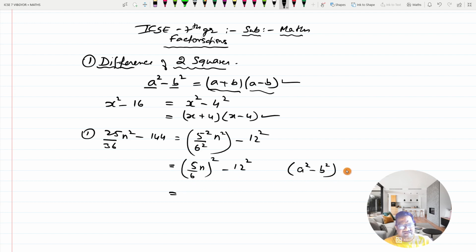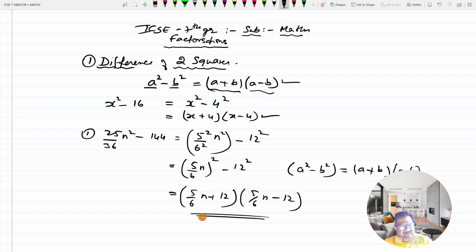If you want to factorize this, all you have to do is a plus b times a minus b. That's it. So here it will be 5 upon 6 n plus 12 into 5 upon 6 n minus 12. So done, your factorization is over. This is the answer: 5 upon 6 n plus 12 times 5 upon 6 n minus 12.